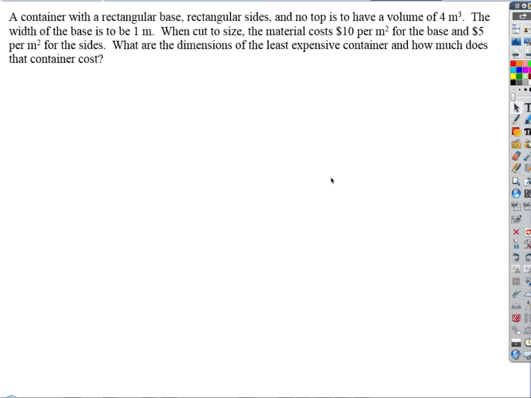So we know the container is going to have a regular base, regular sides, and no top, and they tell us the volume is going to be 4, and that the width of the base is to be 1 meter. So let's draw a picture of this thing. It's going to be something like this, so that would be maybe 1, right?